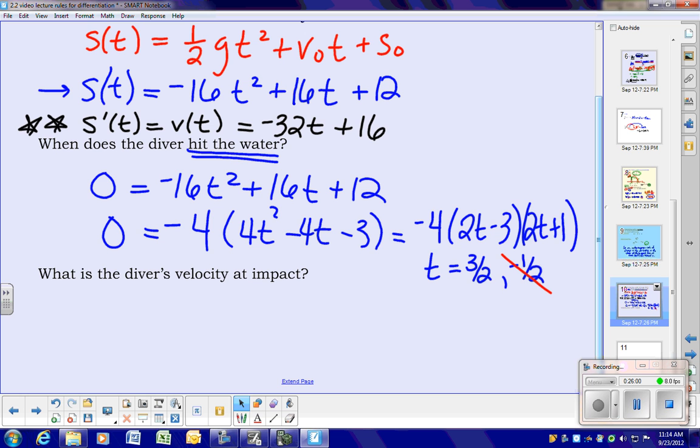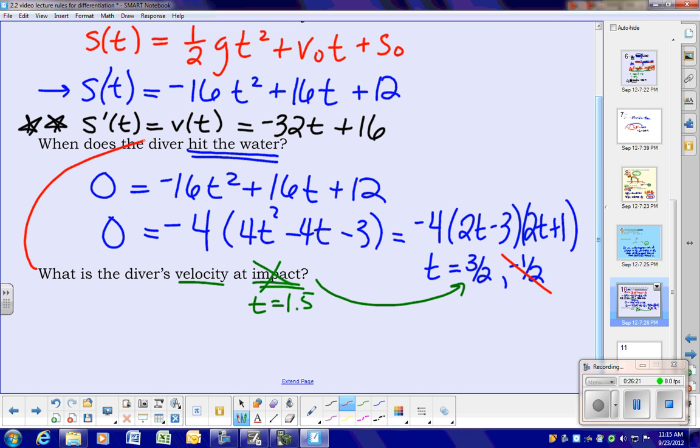Now they want to know, what is the diver's velocity when they hit the water? They hit the water at 1.5 seconds. So the question is really asking, what is the diver's velocity at t equals 1.5? Up above, we found the velocity equation.